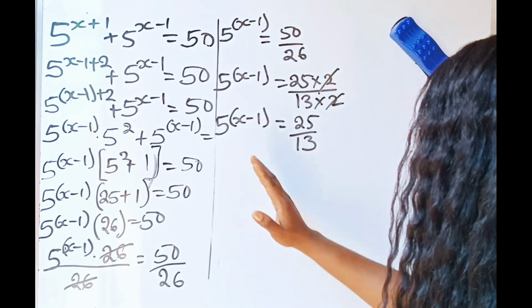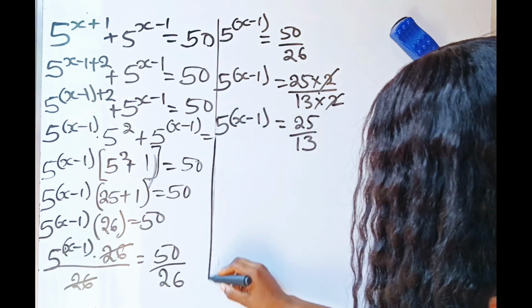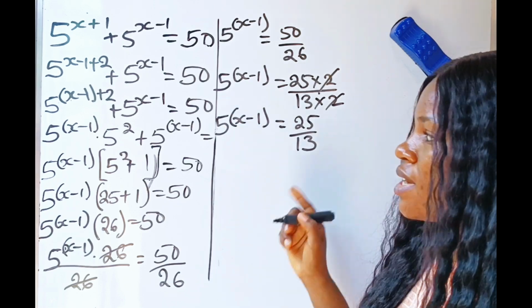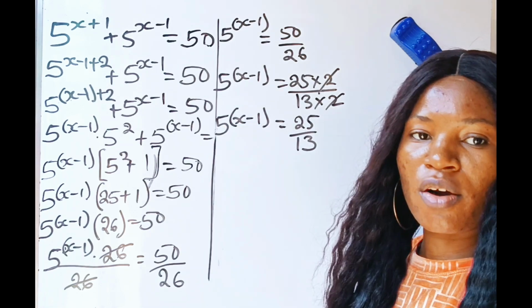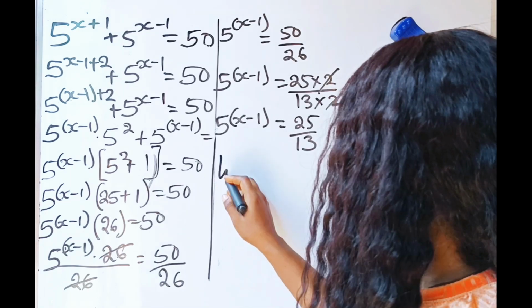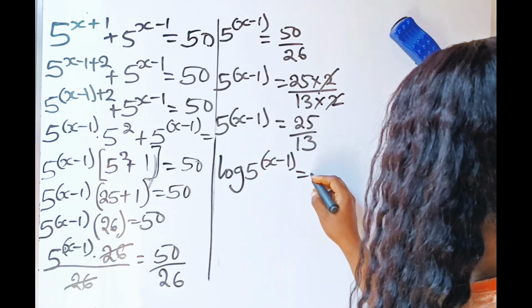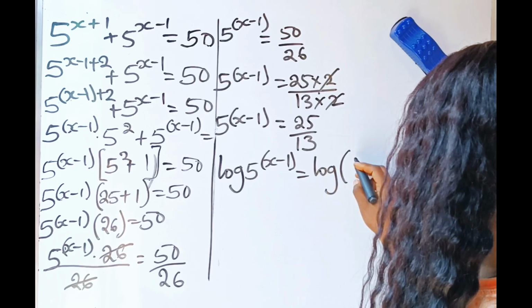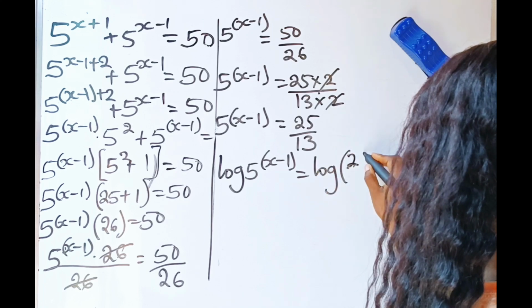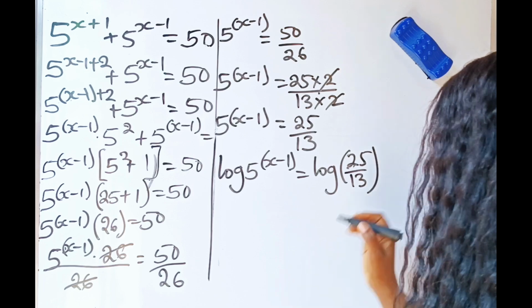Okay, all right, now at this point the only thing we can do is to introduce log to both sides of this equation. So we are going to have log 5 to the power of x minus 1 is equal to log 25 divided by 13.